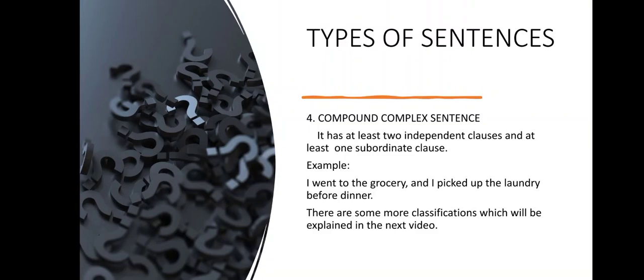Here "I went to the grocery" and "I picked up the laundry" are the two independent clauses. "Before dinner" is the subordinate clause, and here the coordinating conjunction is "and." These are the different types of sentences based on the clauses classification.